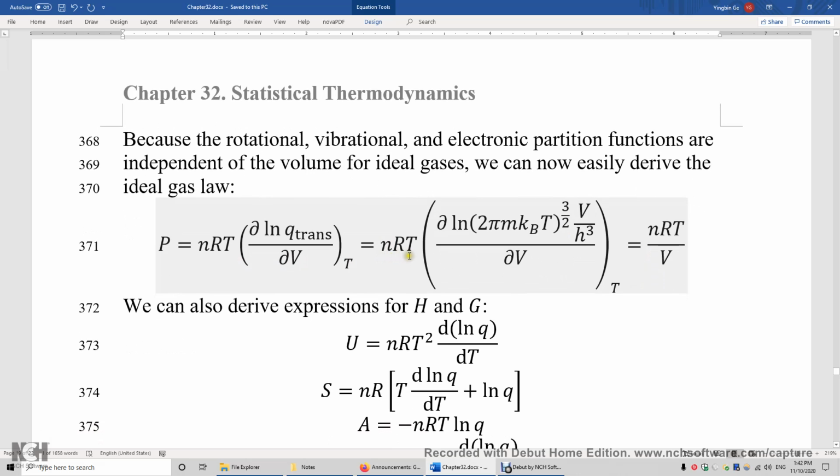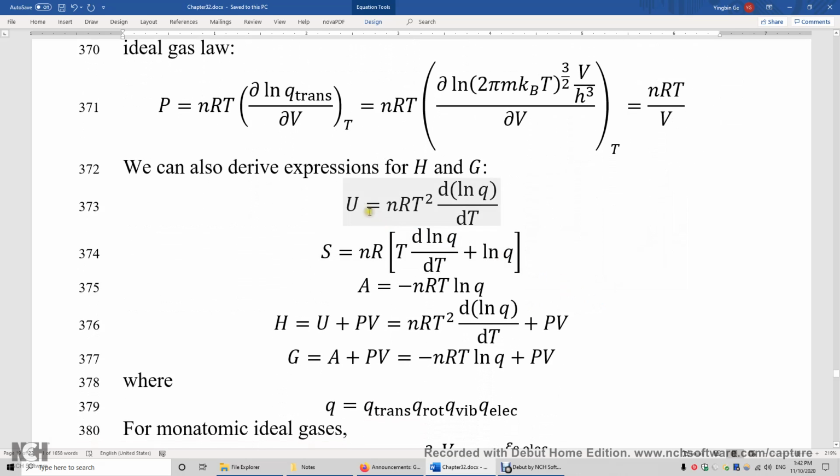Now let's derive enthalpy and Gibbs energy. So over here we have the expression for U, the expression for entropy, and the expression for Helmholtz free energy. I want to remind you these three equations can be used for all matter, not just ideal gases.